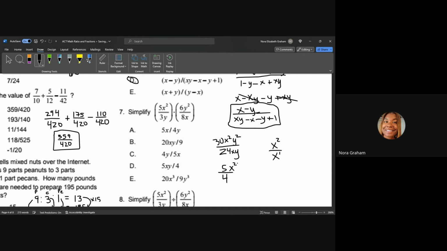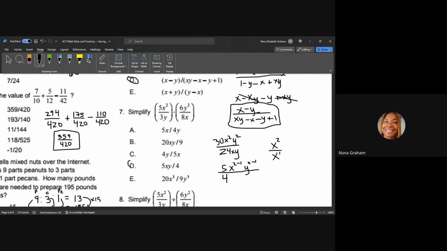I subtract my exponents. Remember when we multiplied them, we added our exponents. When we divide them, we subtract our exponents, okay? And so that would be the same thing with the y. 2 minus that imaginary 1, I get y. 2 minus 1 is just 1. So then I get 5 over 4 xy, or 5xy over 4.